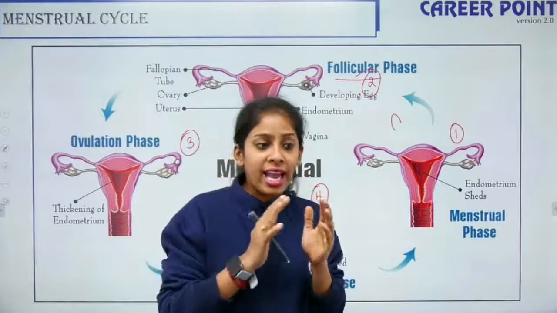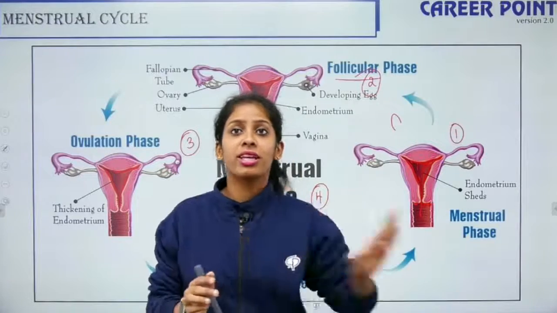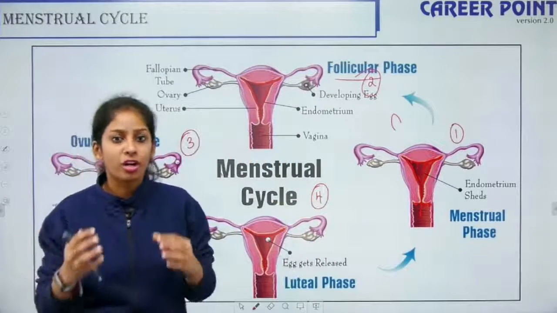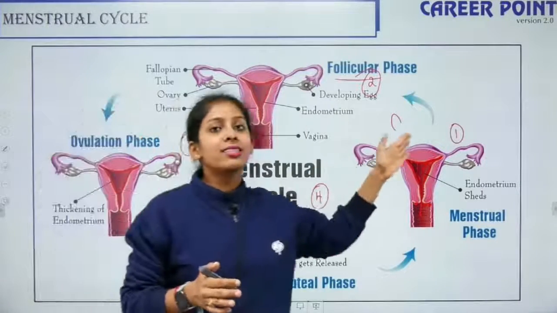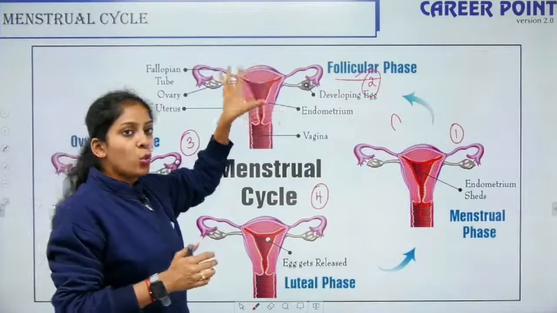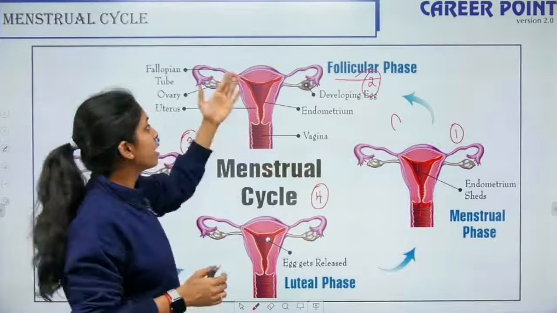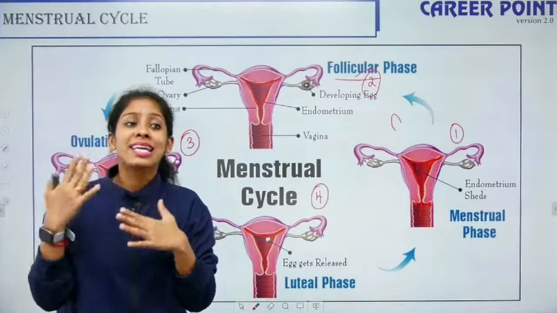Even if you take n number of medicines, unless your body decides to heal itself, the healing will not happen. Healing is an innate property of the human body, or of the superheroes called cells. Anything that is damaged undergoes healing on its own. The follicular phase is where the endometrium, which got disintegrated, tries to reform itself. It is a regrowing phase, or you can say the rehealing phase.